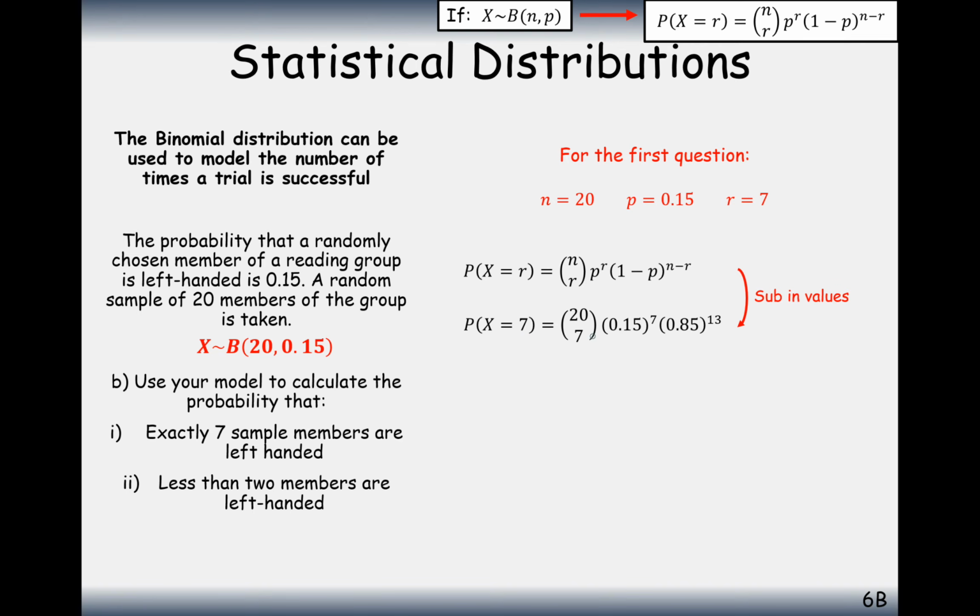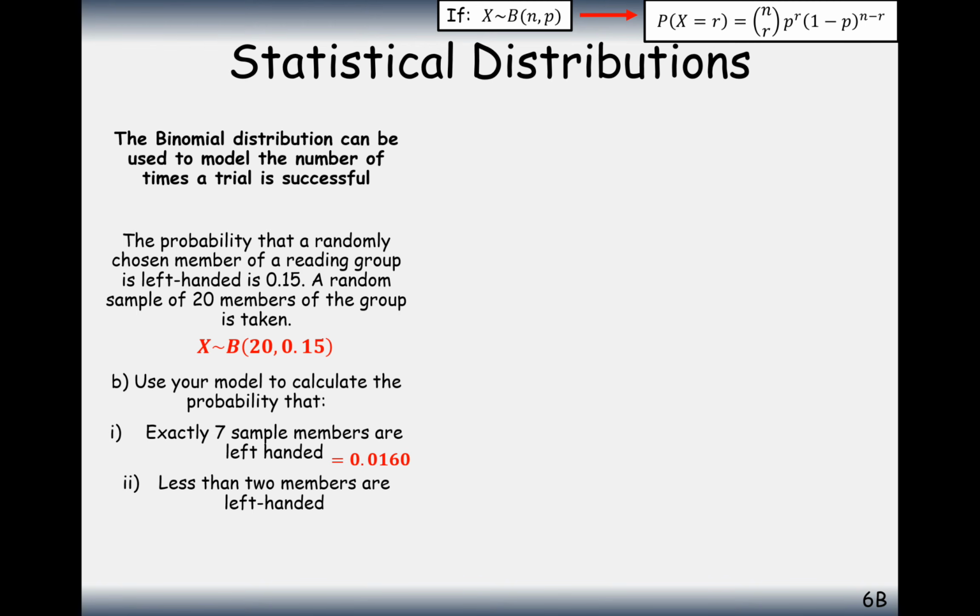This is effectively the number of different orders in which we can pick the right-handed and left-handed people, times the probability of the success, which is a left-handed person, to the power of number of left-handed people that we want, times the probability for a right-handed person to the number of right-handed people that we want. Put that all into your calculator and we get about 1.6%.